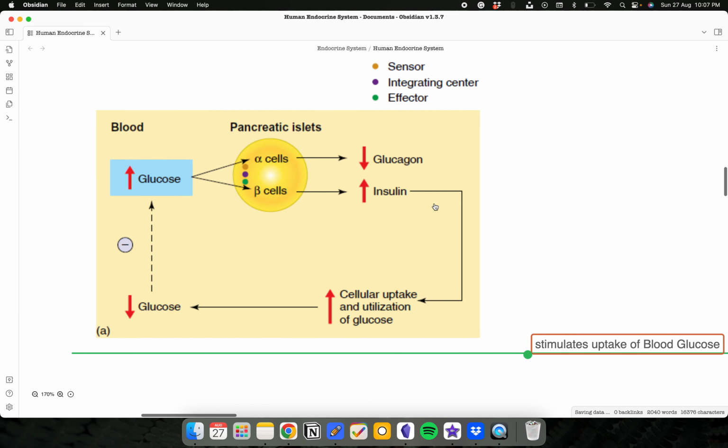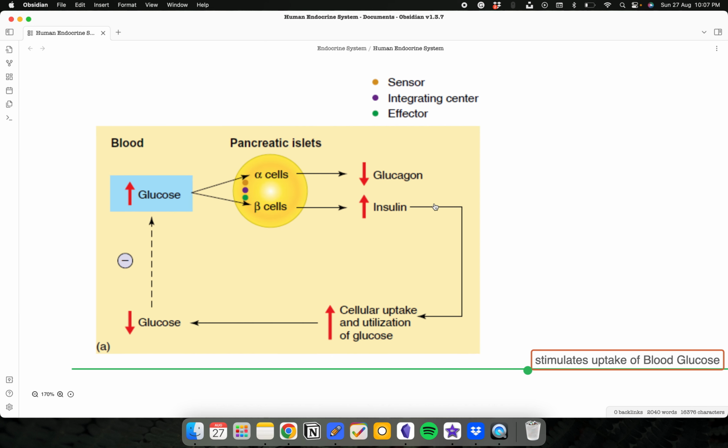We'll discuss now. Let's say we have the pancreatic islets, and we have the alpha cells and beta cells. Let's say the blood glucose level is high. So high blood glucose level will act on both alpha cells and beta cells. When there is a high blood glucose level, the glucagon production from the alpha cell will be decreased, and the insulin production from the beta cell will be increased.